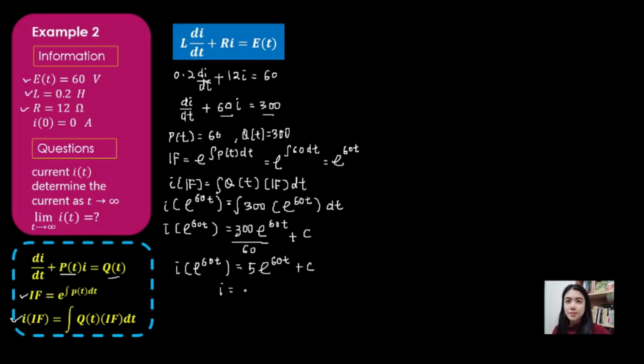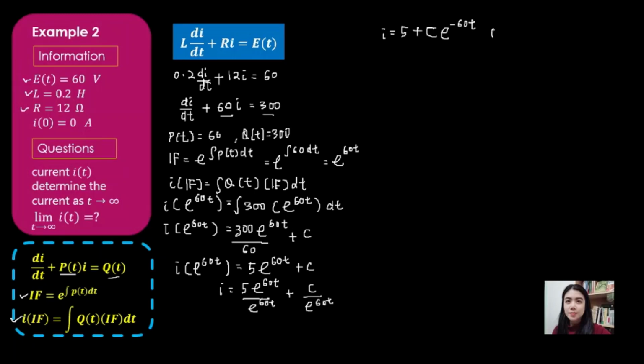So you have I equals 5e^(60t) divided by e^(60t) plus C divided by e^(60t). Simplifying, I is equal to 5 plus C e^(-60t).